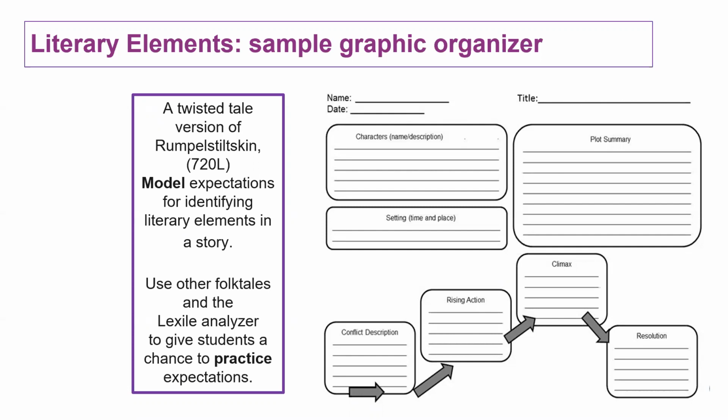So there's a website, it's called brownielocks.org, where a teacher found these twisted folk tales, and what she did was run the folk tales through the Lexile analyzer to determine what the Lexile measure of those folk tales were. And in this instance, the folk tale Rumpelstiltskin came back at a 720 Lexile. And I understand the main character is Gladys.